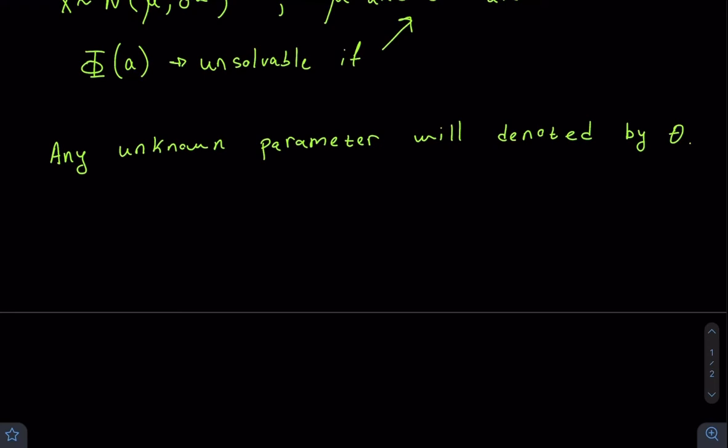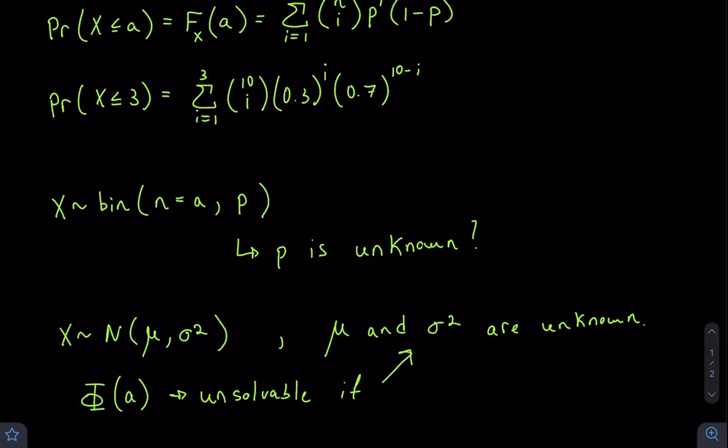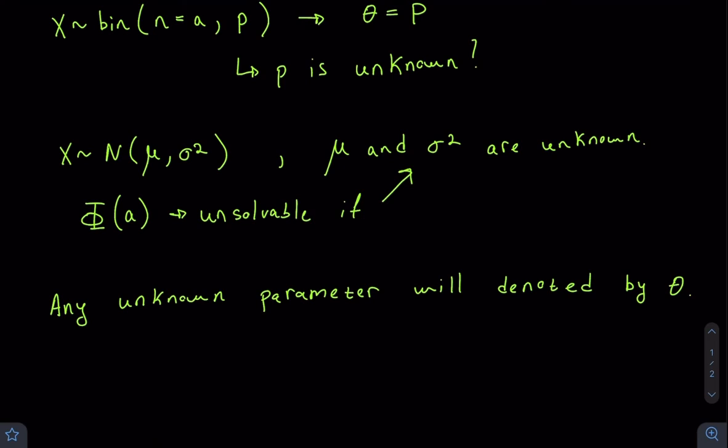So if we go back to our example here, our theta is going to be just p because p is unknown. And in the case of the normal distribution, our theta is going to be mu and the variance, where mu is the mean.